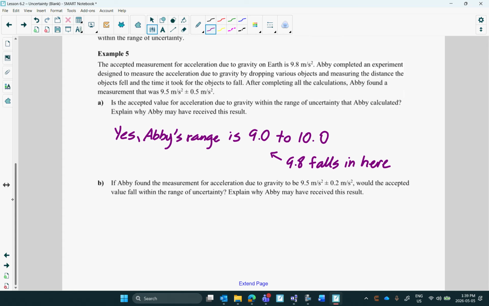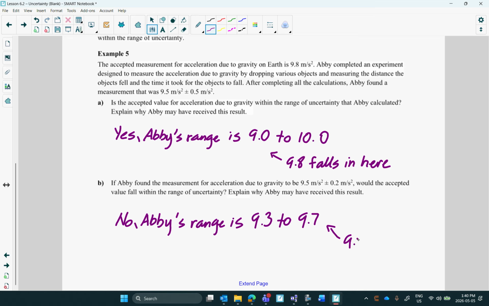What if instead she found this to be the measurement, 9.5 plus or minus 0.2? Is she within the actual? No, just a little bit shy, right? Because this range goes from 9.3 to 9.7.